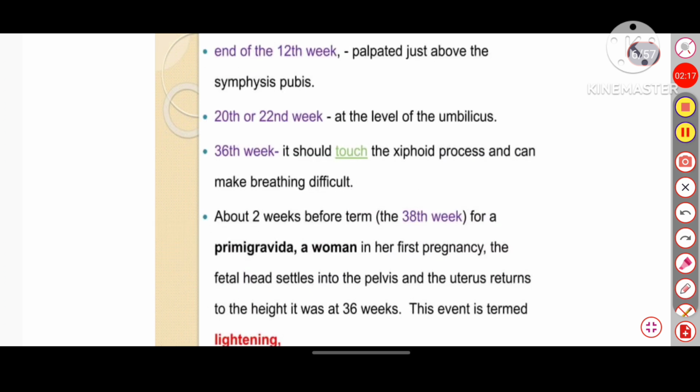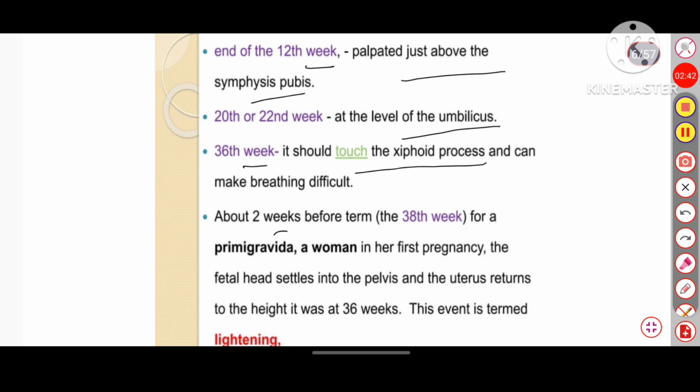As you can see here, the fundal height increases as the weeks of pregnancy increase. At the end of the 12th week, the uterus can be palpated just above the symphysis pubis, at 20 to 22 weeks it will come to the level of the umbilicus, and by the 36th week it almost touches the xiphoid process.